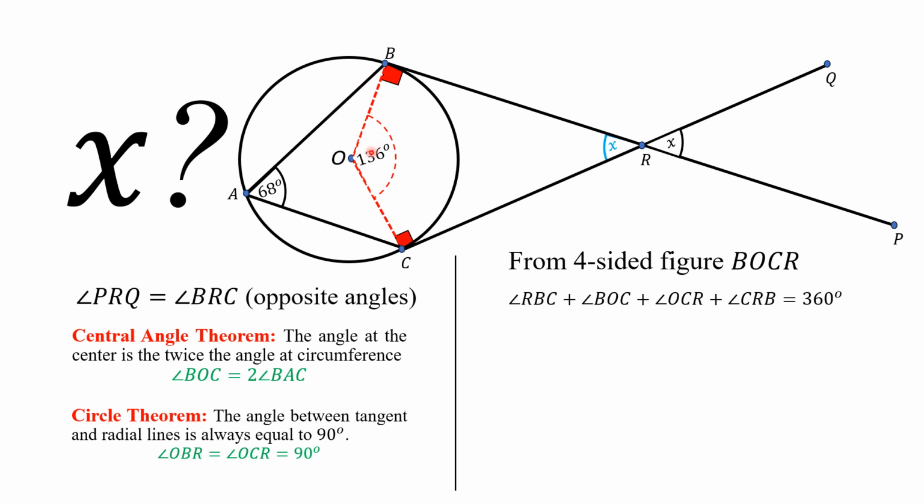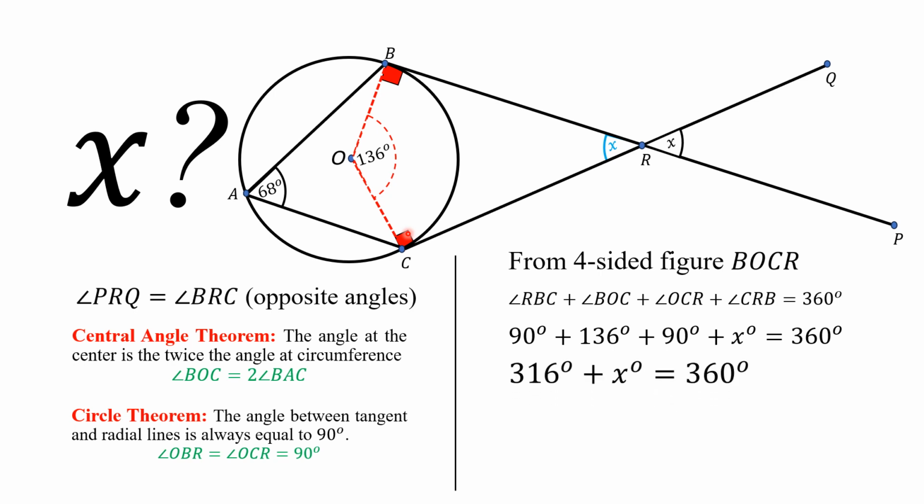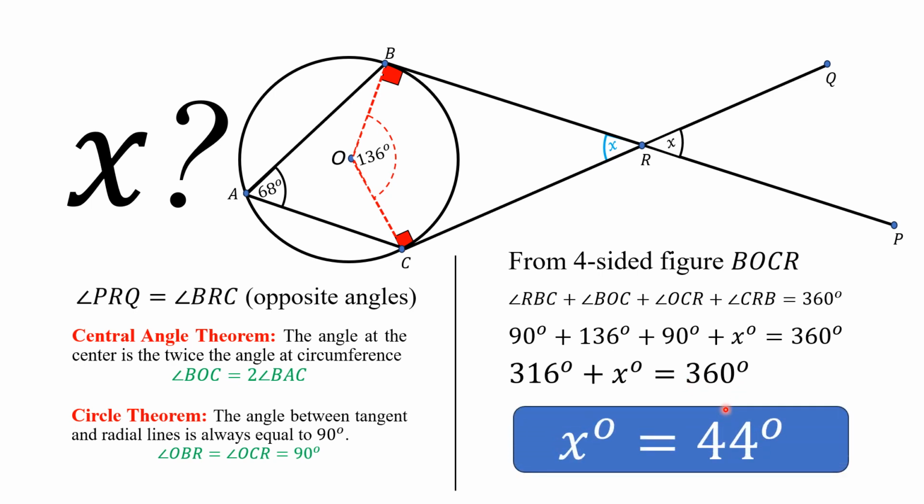These three angles are known, so we can write their values. Summing the known angles gives 316 degrees, and subtracting 316 from the right side, we get X equal to 44 degrees, and that is the answer.